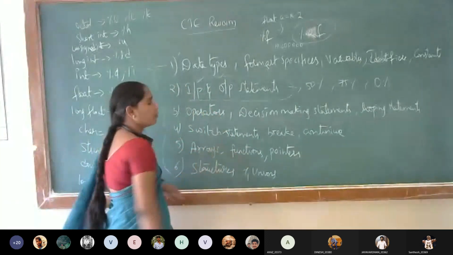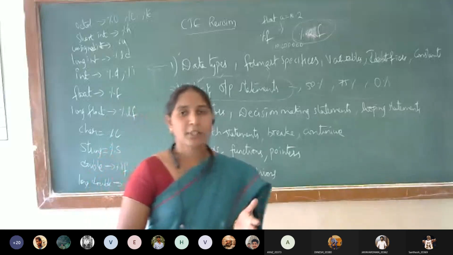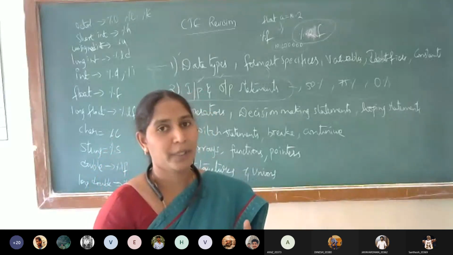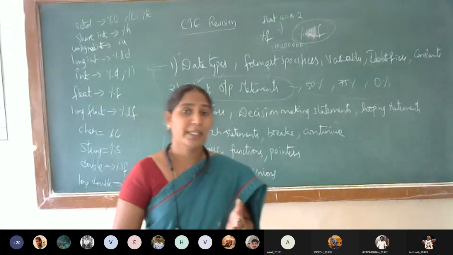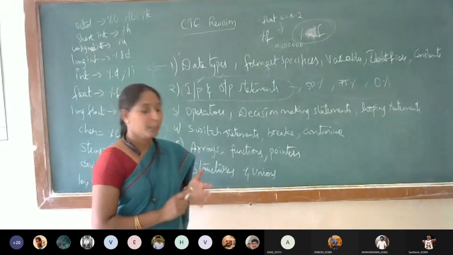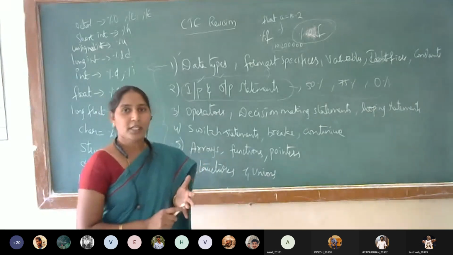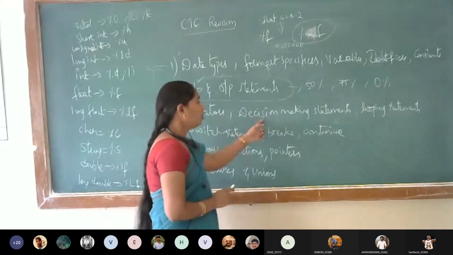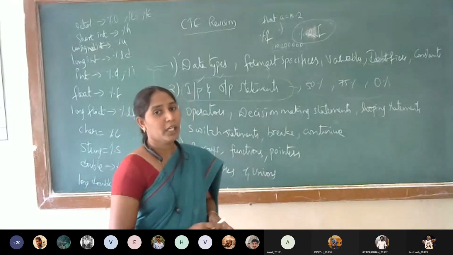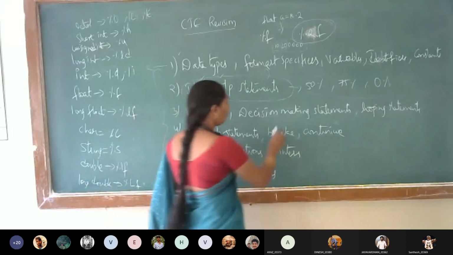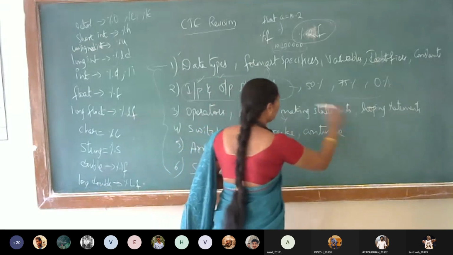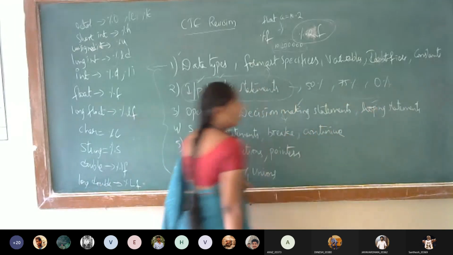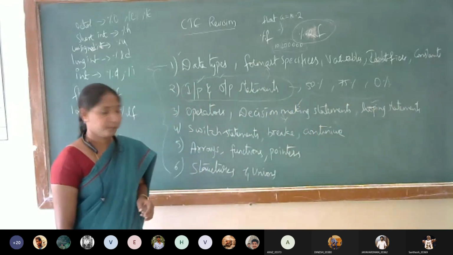Then coming to the operators, we have seen arithmetic operators, logical operators, special operators, conditional operators, relational operators, and bitwise operators. We have seen all these operators and you have written the programs. Coming to decision making statements: in every program we will compulsorily make use of decision making statements and looping statements.